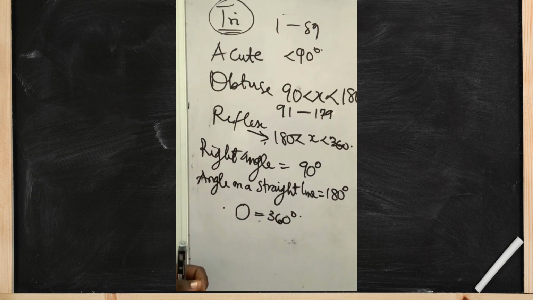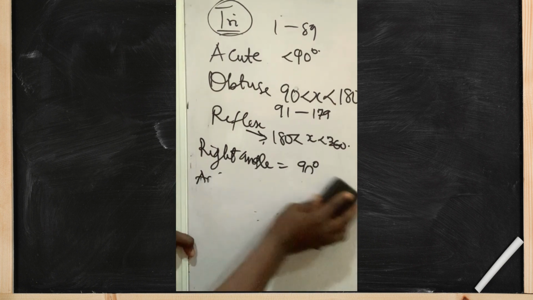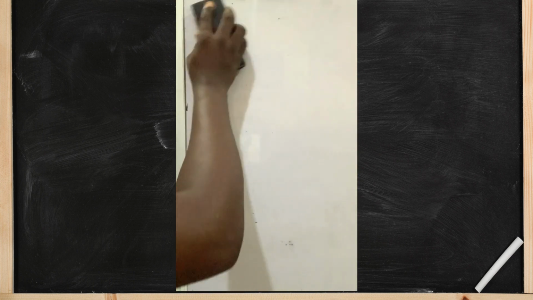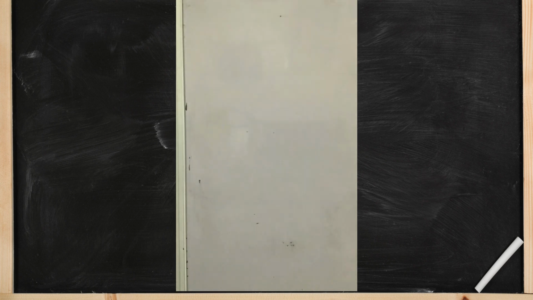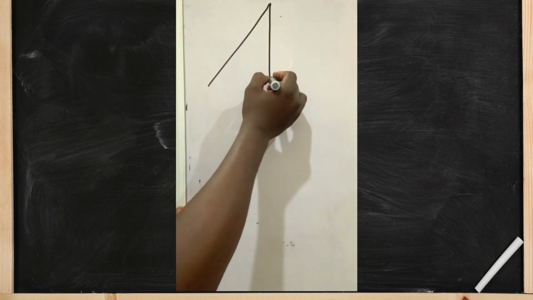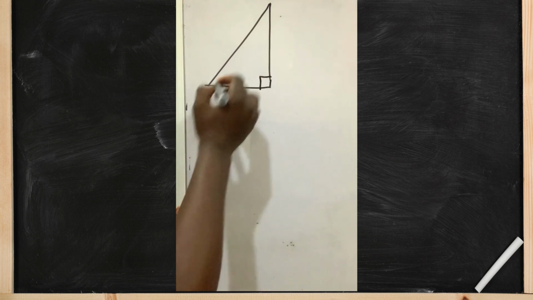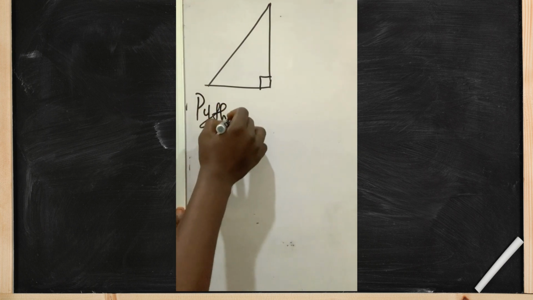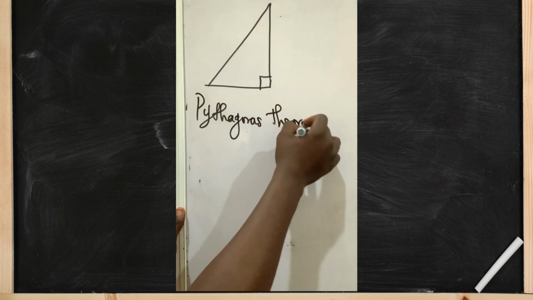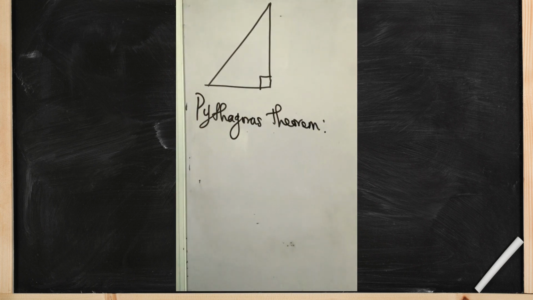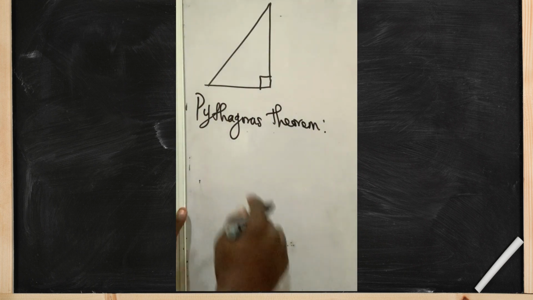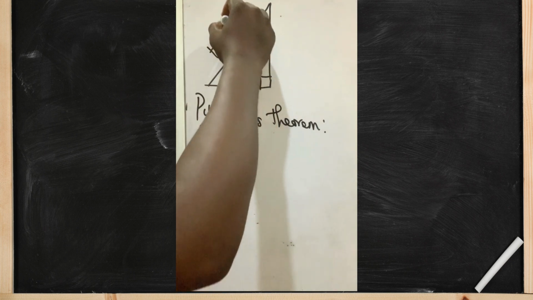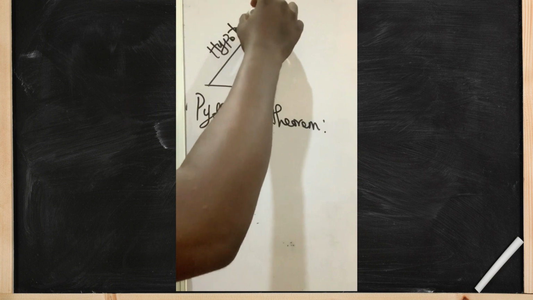Let's now move forward. We know of right angle triangle. When we are solving questions related to a right angle triangle, there is something called Pythagoras theorem. This side, opposite the right angle, is called the hypotenuse.